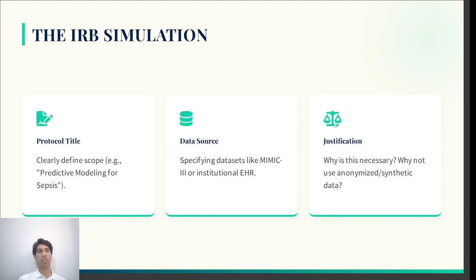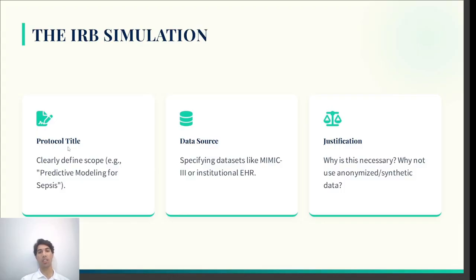Next we have the IRB simulation. There are three things that we have to give to the IRB. First, we define our protocol title and clearly define the scope of the project. There should be clarity in it. For example, if we are building a model for predictive modeling of sepsis, there shouldn't be any ambiguity about what we are doing in our research or model.